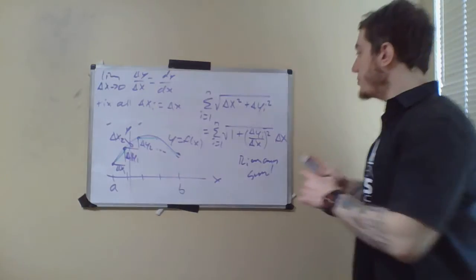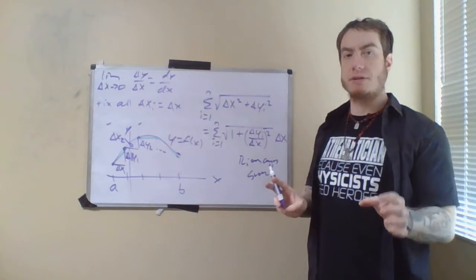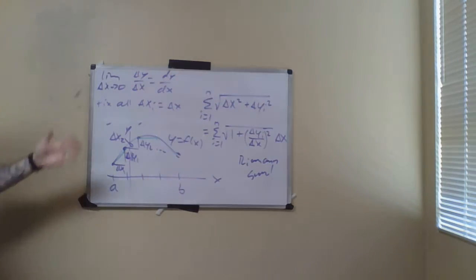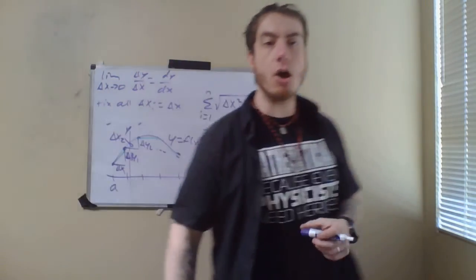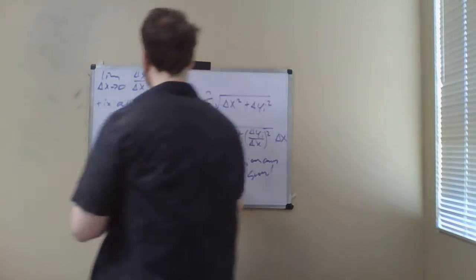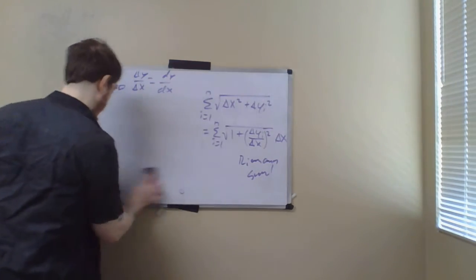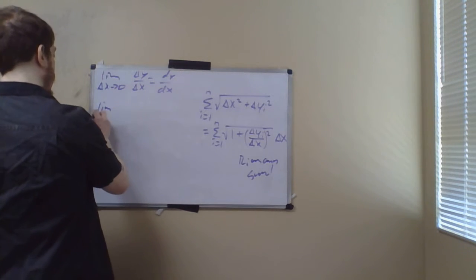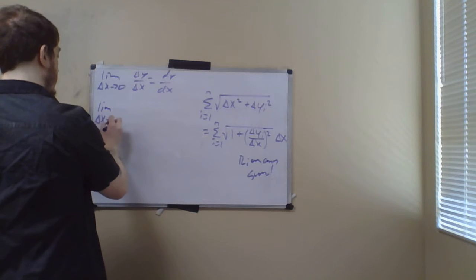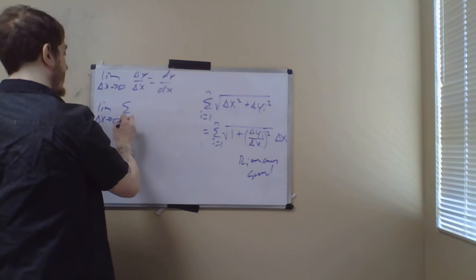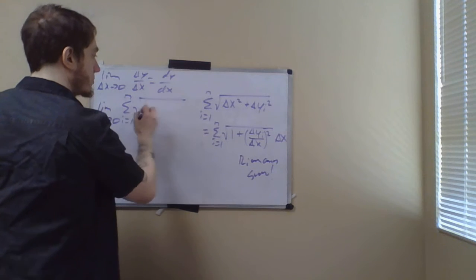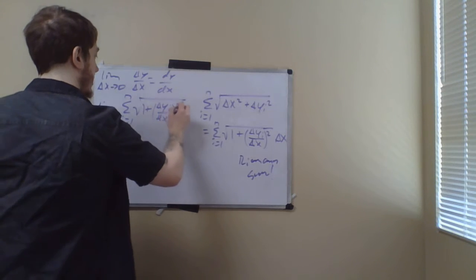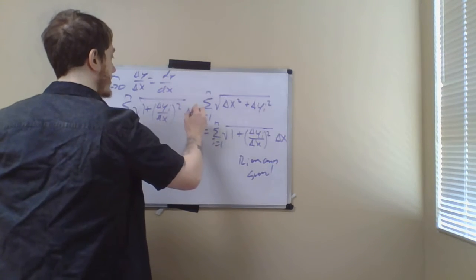So although this is a little bit more of a complicated Riemann sum than we're used to dealing with, in the limit, it actually turns out to be something very familiar to us. And so here's what we get as we take the limit of these Riemann sums. The limit as delta x goes to 0 of the sum from i equals 1 up to n of the square root of 1 plus delta yi over delta x squared, all multiplied by delta x.